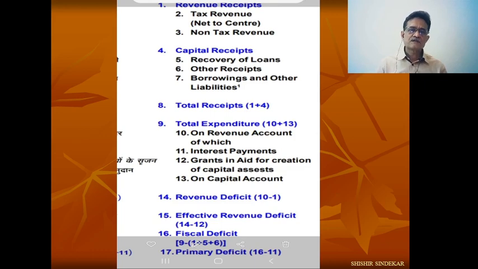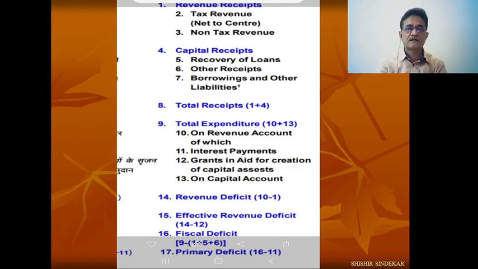On the capital receipt, you can find recovery of loans. That means they have already given the loans, and now they are getting those loans back. The other receipts, borrowings and other liabilities, are the loans which they have created. One more interesting thing, dear friends: sometimes the government actually sells.